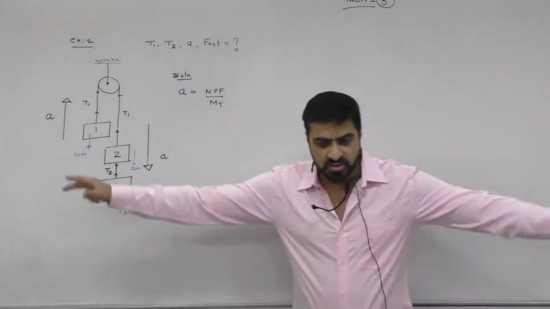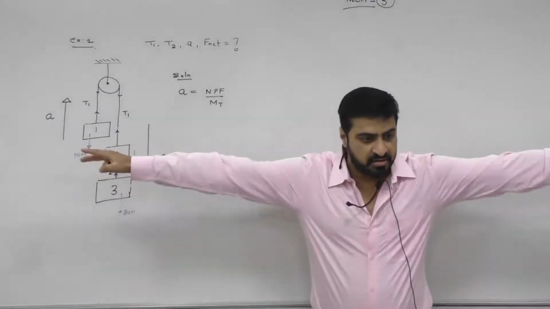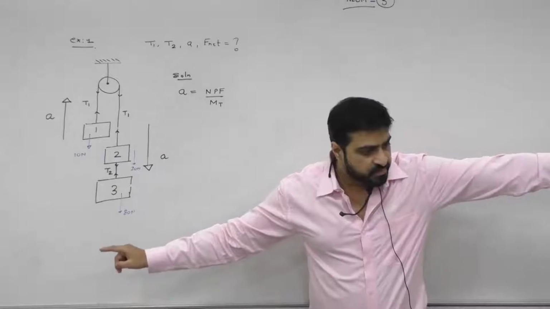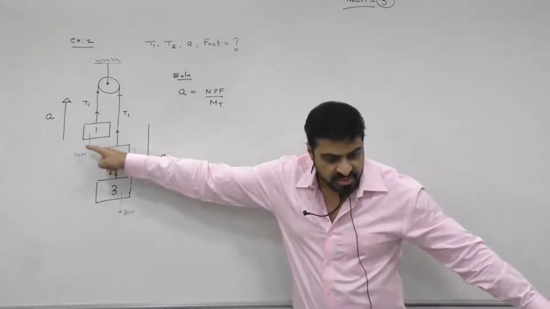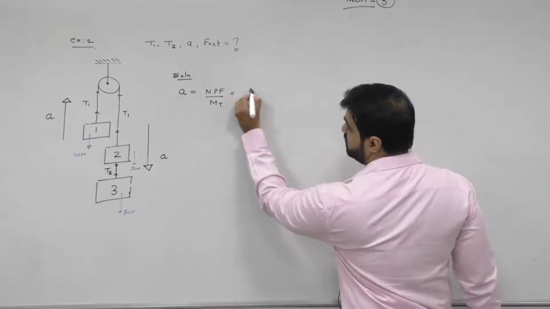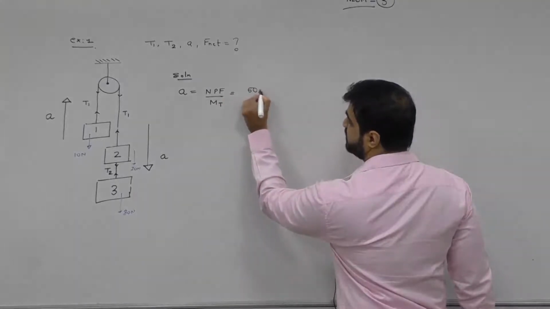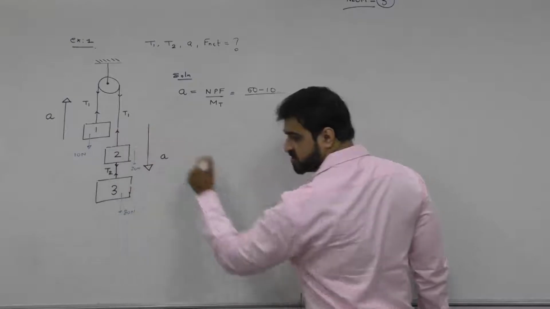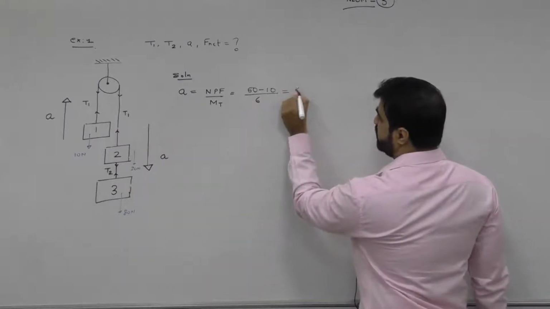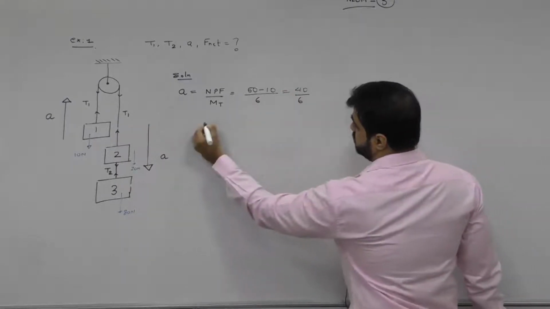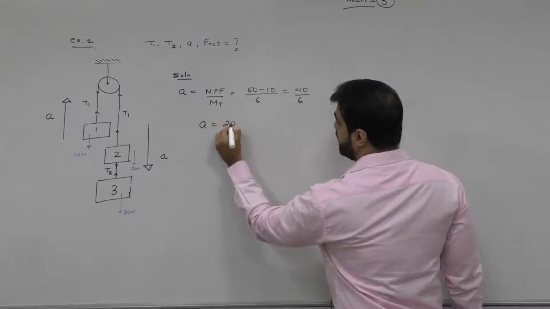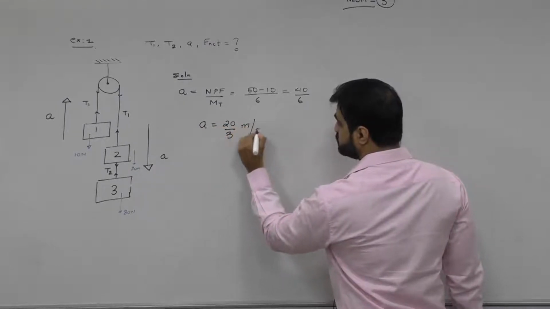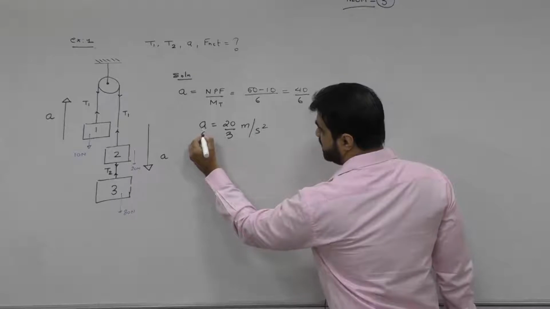So how much is the net force? If you try to make the string straight, over here it is 50 and over here how much is it? 10. So how much is the net pulling force? It will become 30 plus 20, that is 50, minus 10, by total mass. Total mass is 3, 4, 5 and 6. So it will become 40 by 6. So acceleration is going to become 20 by 3 meter per second square. And this is the formula for common acceleration of the system.